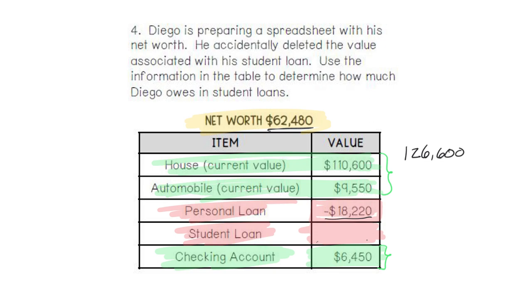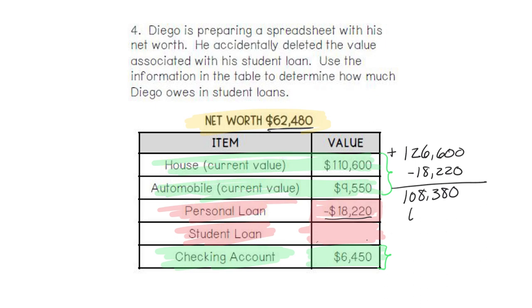Now subtract the one liability that we know. Then if I subtract his net worth, it will give me the difference, and that is going to be the student loan.